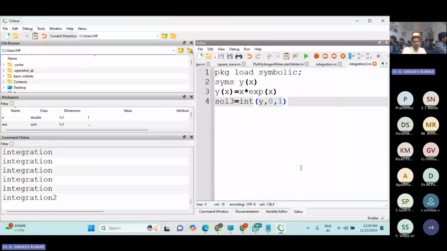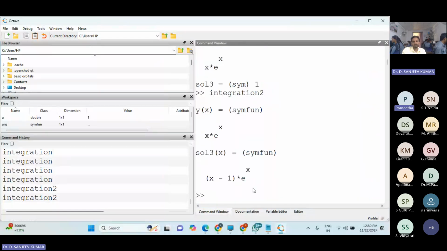If you remove the limits, you'll get the functional form of the solution. Integral y, which is integral x e power x. So if you run the program, you get the functional form of the solution, which is x minus 1 e power x.